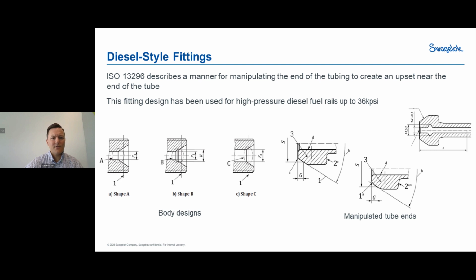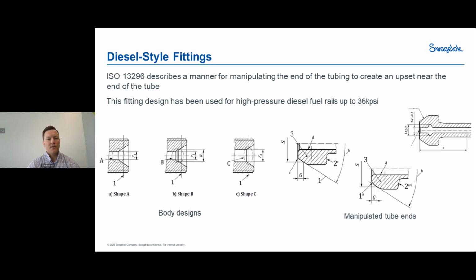So the next is what we call diesel style fittings. Same concept as a flare fitting, but it is what we call a manipulated end on the tubing. So the tubing is actually manipulated to give you your cone and create that flare to mate in with the other part.